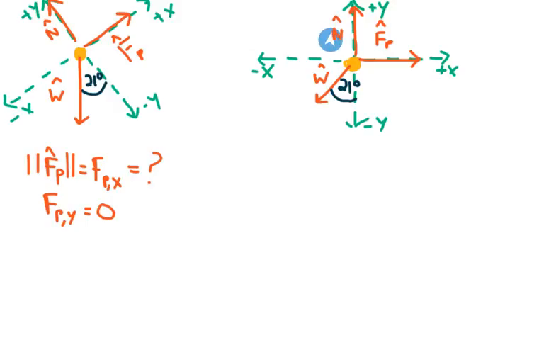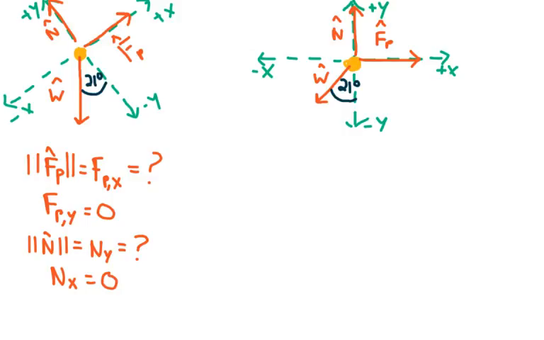So the magnitude of the normal force is equal to the normal force in the y direction. We still don't know what that is either, so I'll just put a question mark there. And then we can say that Nx is equal to 0.